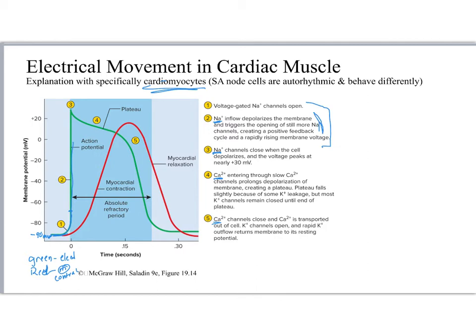Now, as it is doing this, what's different here is I've got calcium ions that are going to start entering the plasma membrane. Not a lot, but these are extra. I'm going to abbreviate this ECF, extracellular fluid calcium ions.